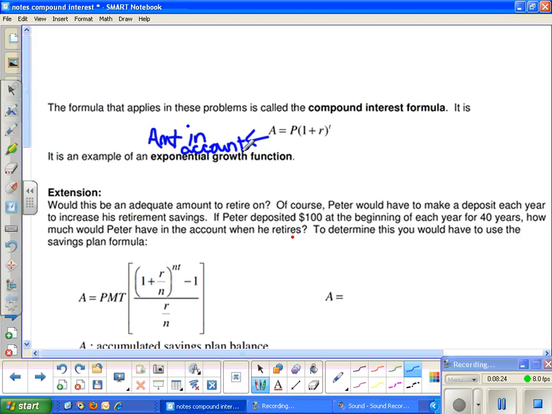It says how much money will you have after this amount of time. This one, the P, is what we call principal, or you might think of it as initial. The amount that you start with.